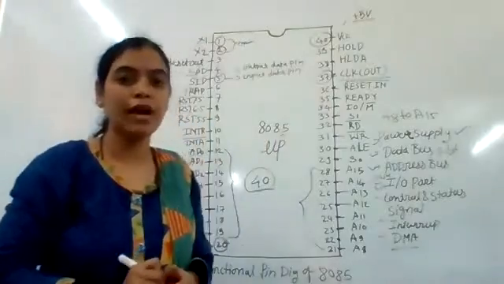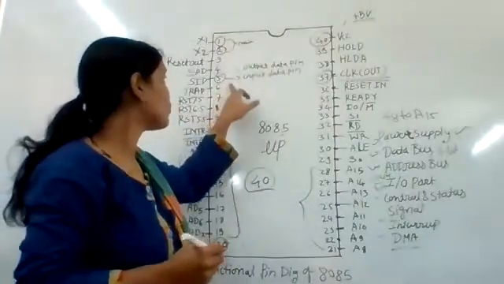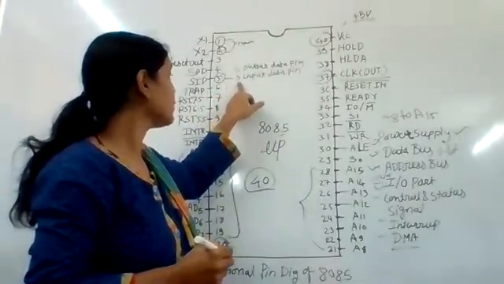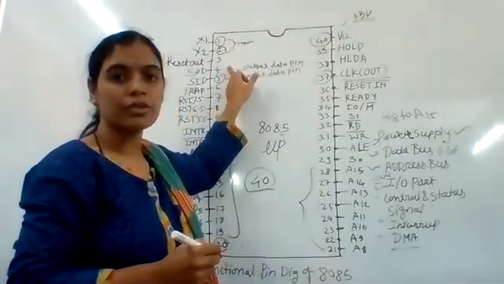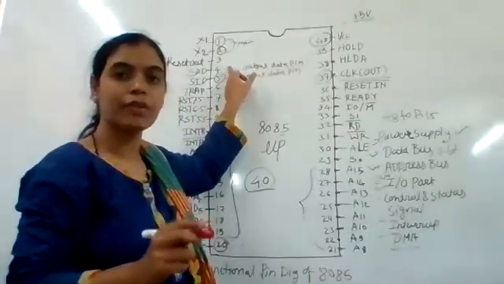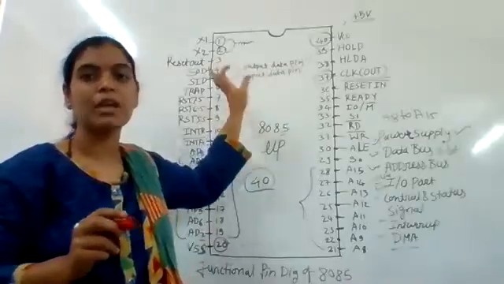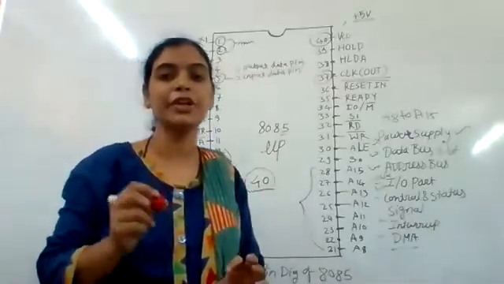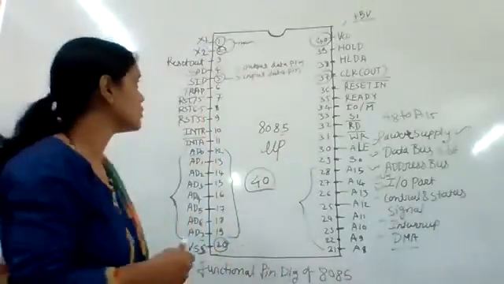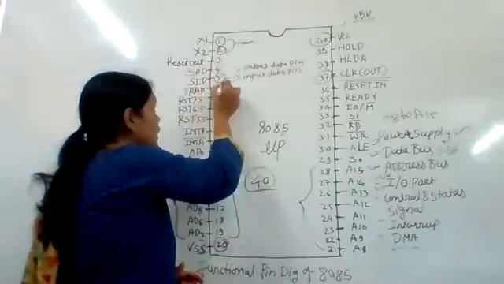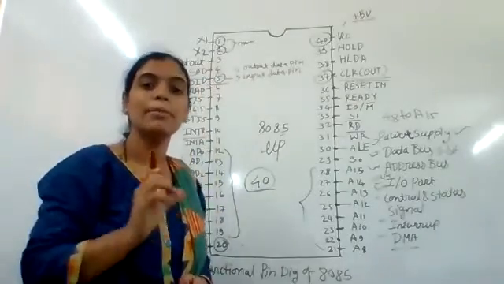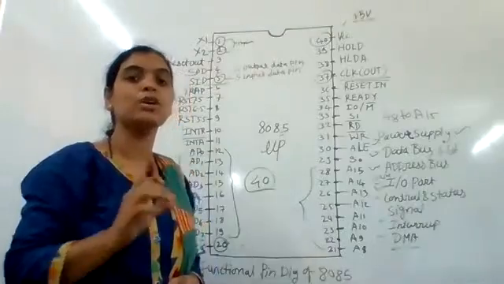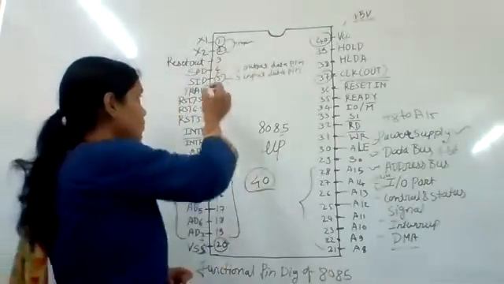SID is pin number 5, and SOD is pin number 4. Using the SID pin, data is serially fed to the processor directly from the input device.